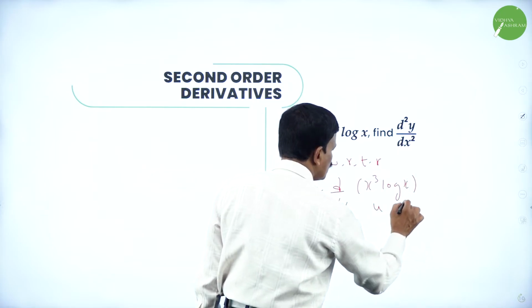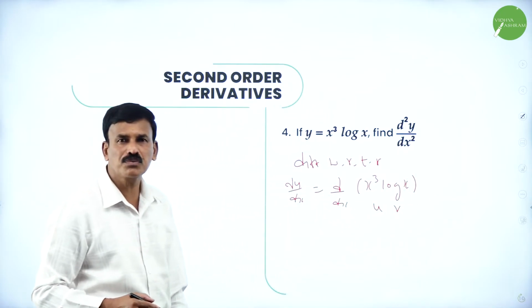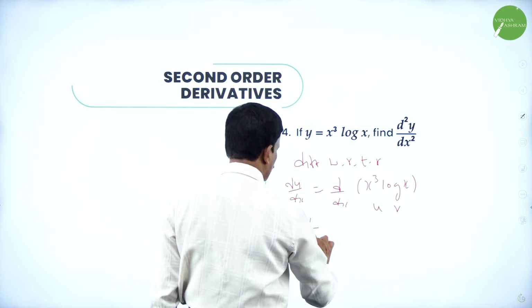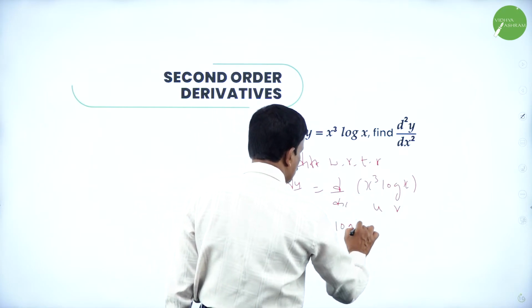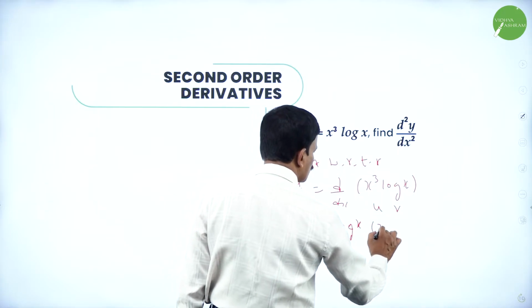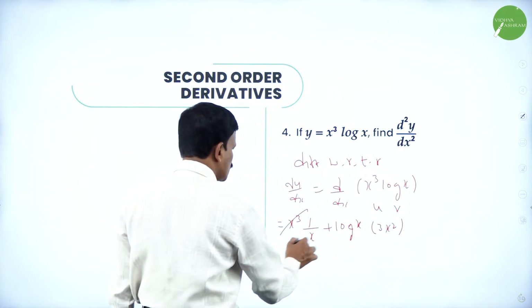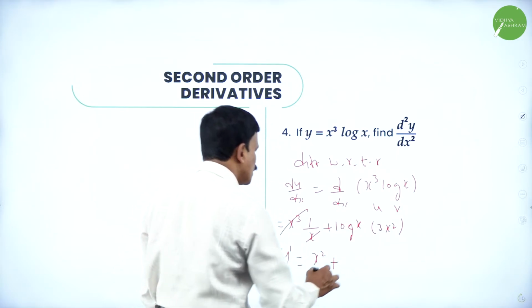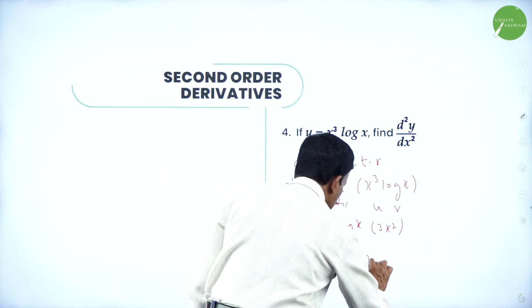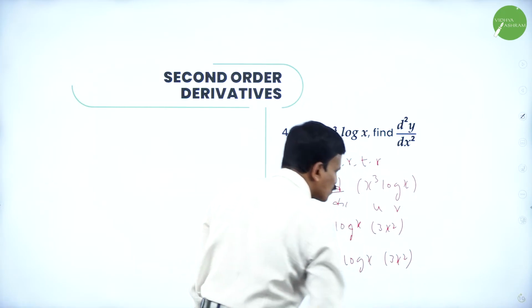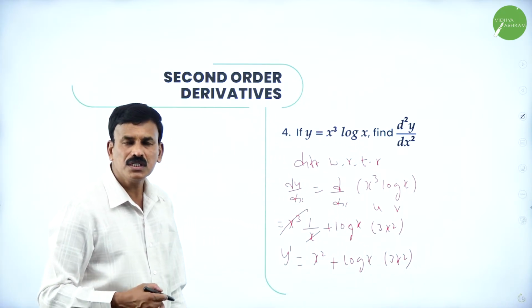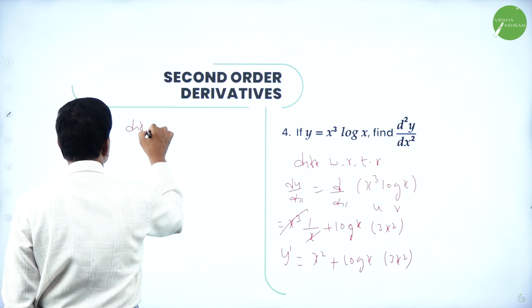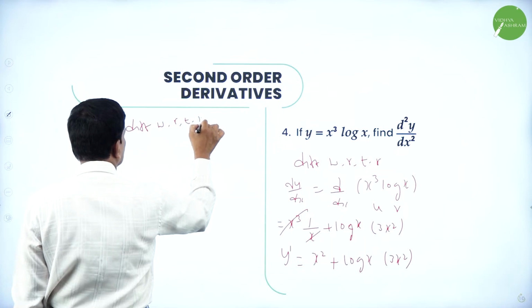Again this is of the form u v, product rule: first function x cube into differentiation of log x is 1 over x, plus log x constant, differentiation of x cube is 3x square. Here x and x get cancelled. y dash is equal to x square plus log x into 3x square. This is the first derivative.